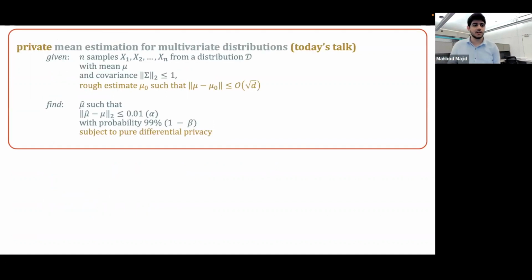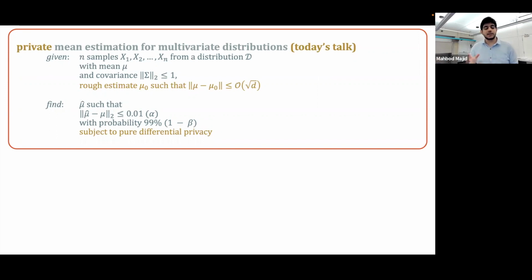So now let's define private mean estimation more formally. As I said, we take n samples x1 to xn from a distribution D with mean mu. The only assumption that we make about D is that it has bounded covariance. Let's say its covariance is bounded above by 1.